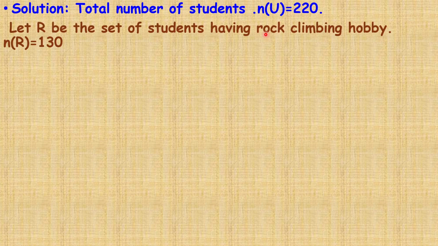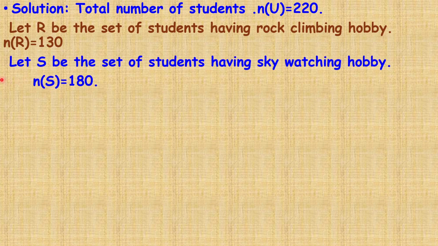So from the example, the total number of students is 220. Therefore, the number of elements in the universal set is equal to 220. Let R be the set of students having the rock climbing hobby. Therefore, the number of elements in set R is equal to 130.